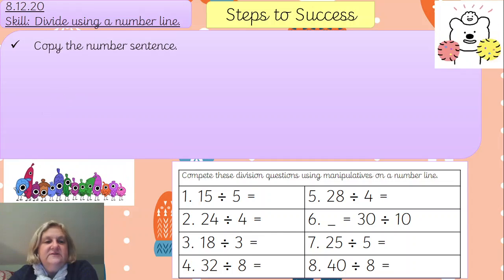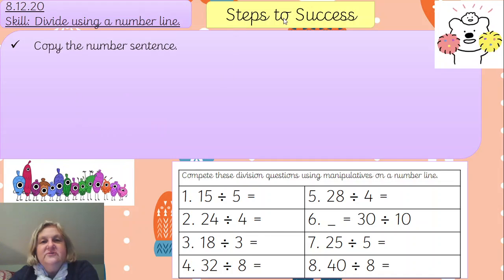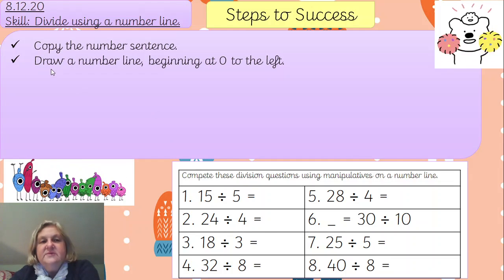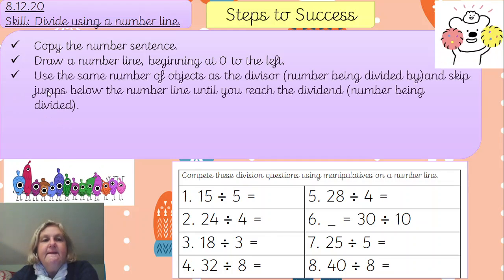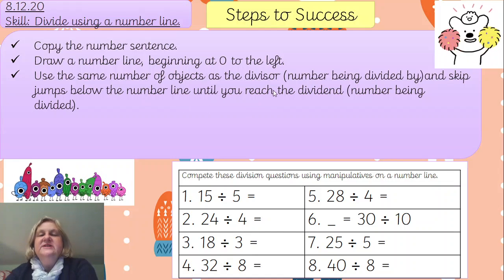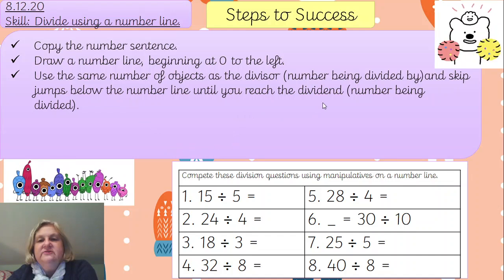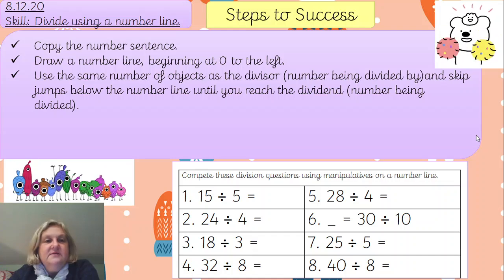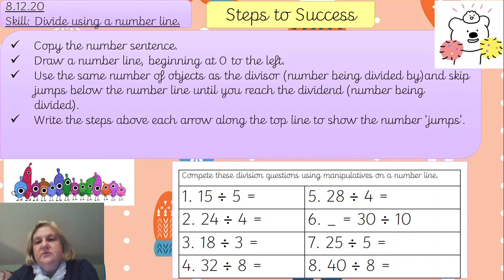When you reach your steps to success, you have to copy a number sentence, draw a number line beginning at 0 to the left, use the same number of objects as the divisor, and then skip jumps below the line until you reach the dividend, the number that is being divided. Don't forget to stop at that one, and then you write the steps above each arrow along the top line to show the number of jumps.